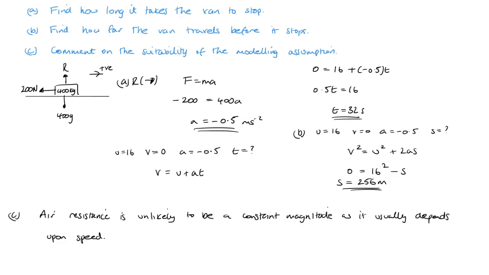Obviously it depends on other things, but in this scenario, the speed of the van, the faster the speed, the more air resistance, the slower the speed, the less air resistance. So it won't have a constant resistive force.